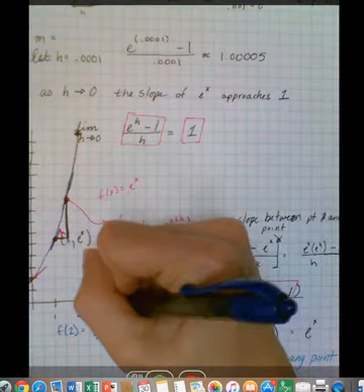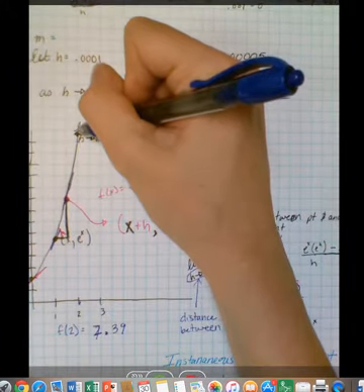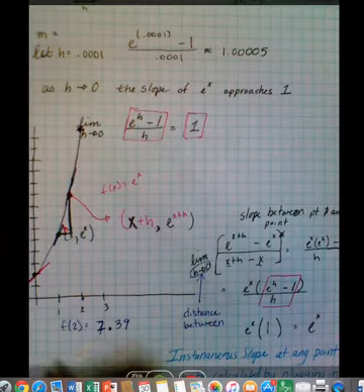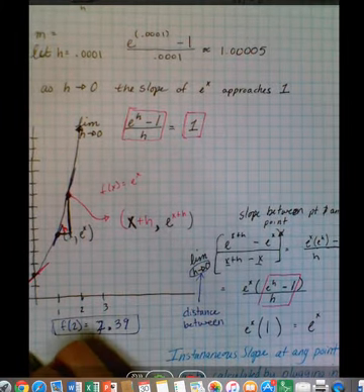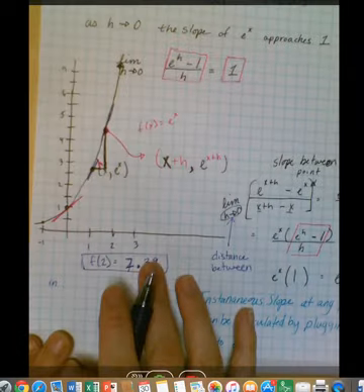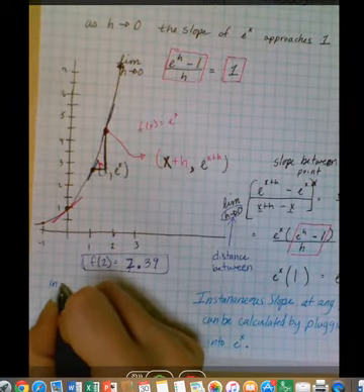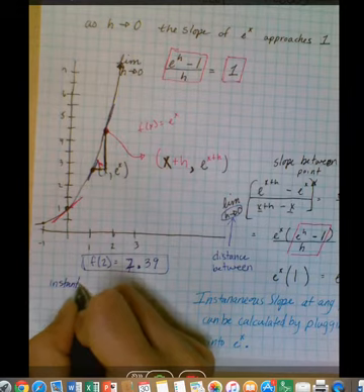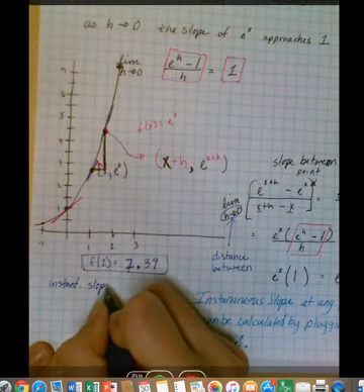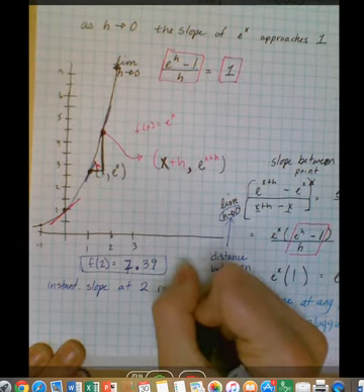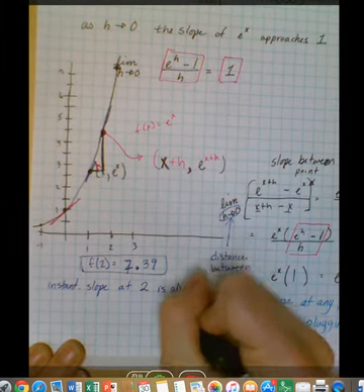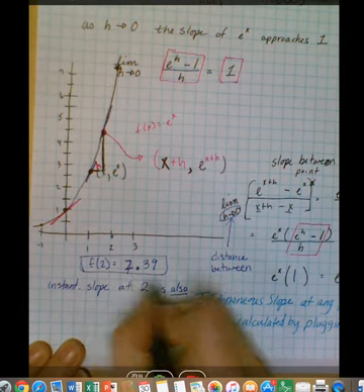Okay, so when I plug in 2, I get 7.39. The instantaneous slope at 2 is also that number.